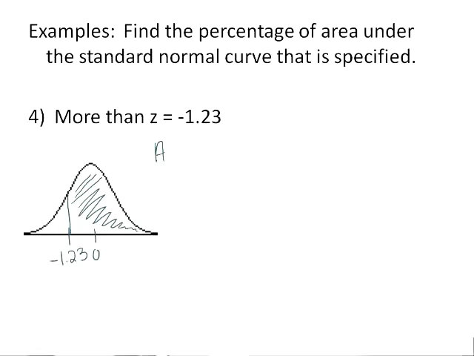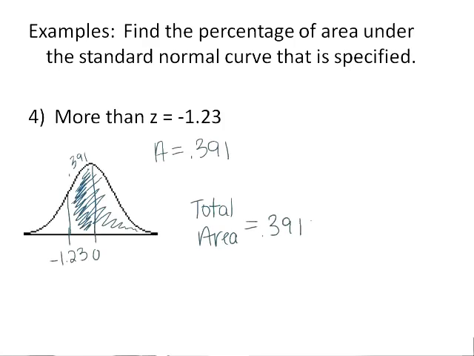So when I look up the corresponding area to the z-score of 1.23, I get an area of 0.391. Now the 0.391 on this shaded part is just this portion here, to the left of 0, between negative 1.23 and 0. So to get my total area, I'll have to add something to that.